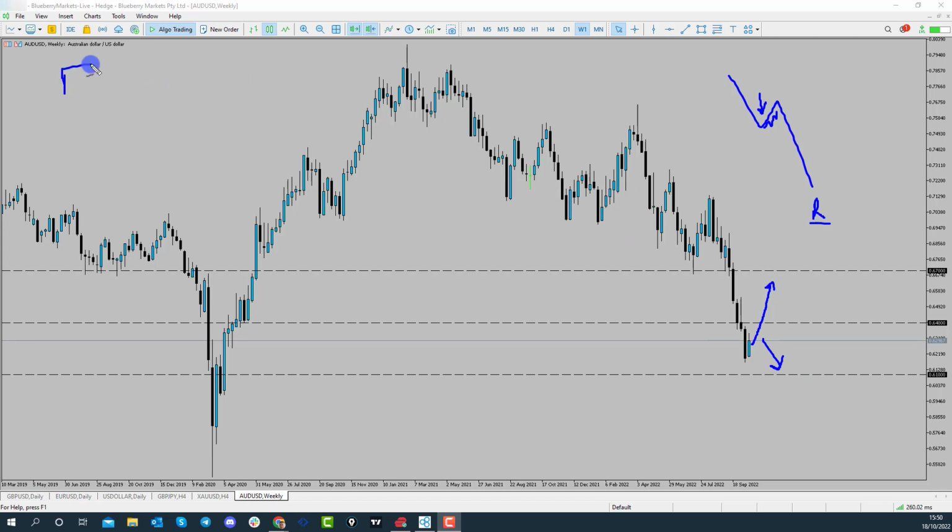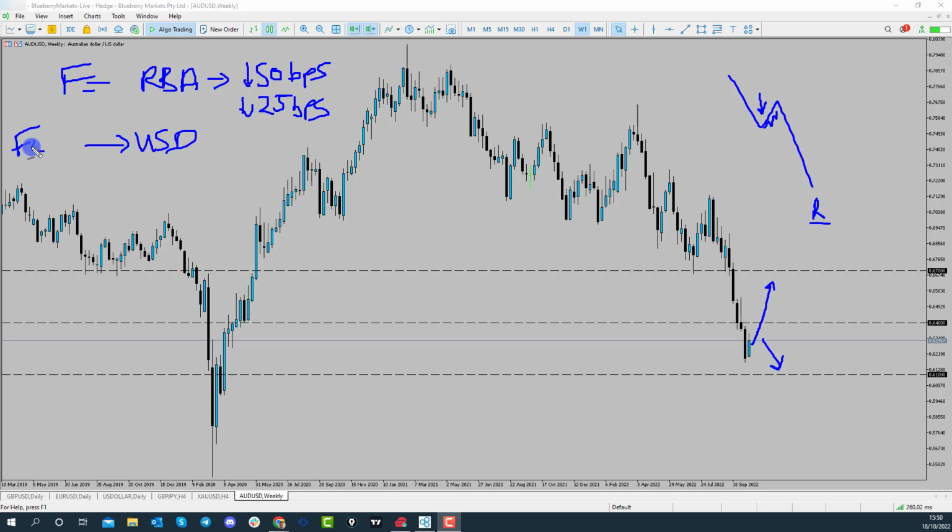From a fundamental point of view, how can we break this down as well? Well, the RBA are slowing down their tightening policies. They are no longer hiking aggressively, which was the 50 basis points. That has come down now. We're starting to see them hike by 25 basis points. Now, although the dollar's seen some recent weakness in the market, we have to look at the dollar and say, well, what is that influenced by?